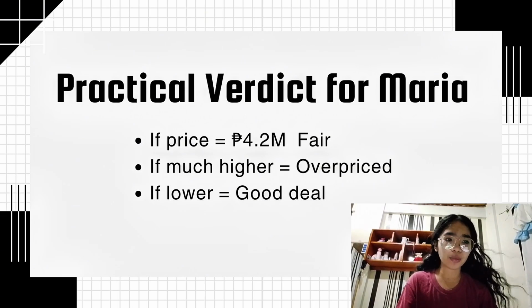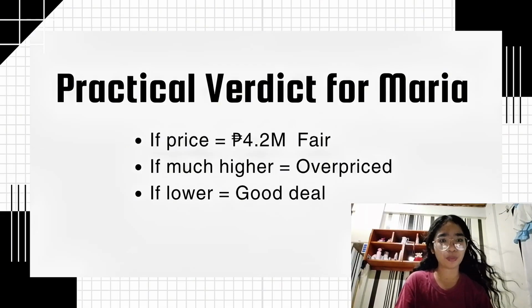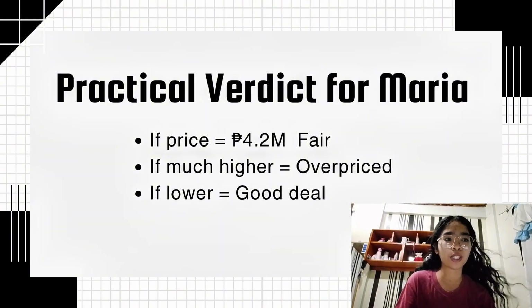In this scenario, the math says that she is getting more house for less money, making it a high priority to buy. So, by using this range, she isn't just looking at a house. She's looking at a set of variables, and 4.2 million is her anchor for the entire negotiation.